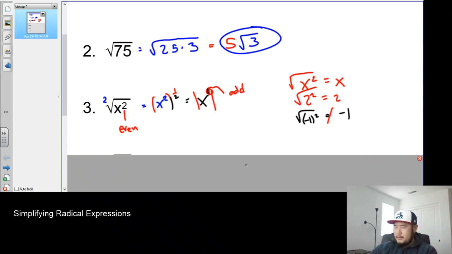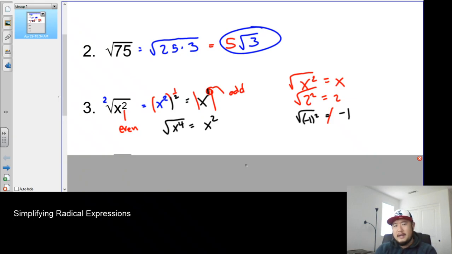So for example, if I take this x to the 4th, if we're square rooting an even power or exponent, then we're just going to divide it by 2, and this is x squared. And that would be your answer. You don't have to put the absolute value right there because it is an even power. Because remember, when you take a negative number and raise it to an even power, it's going to stay positive.